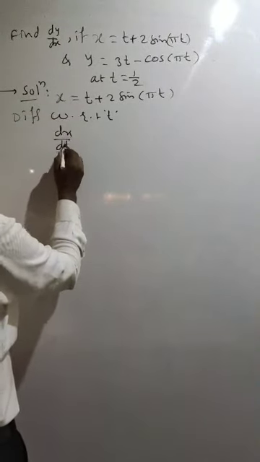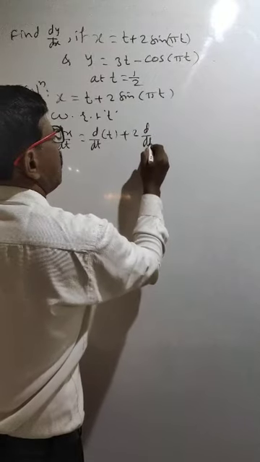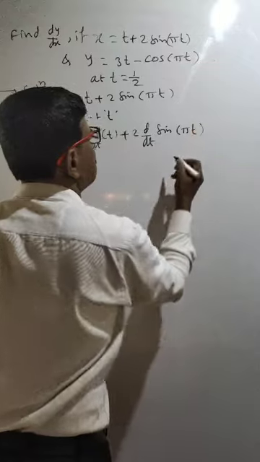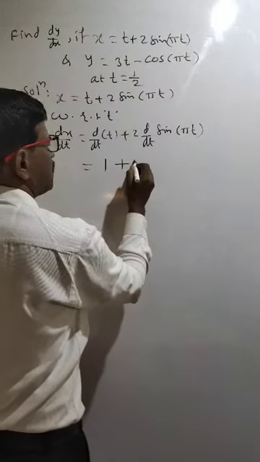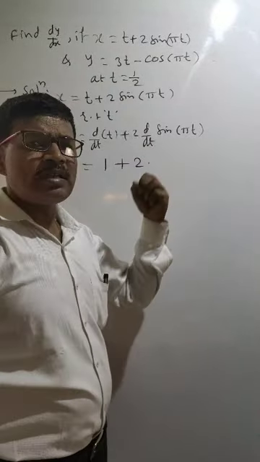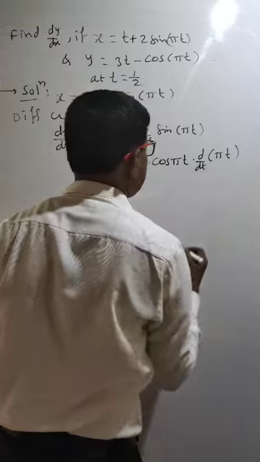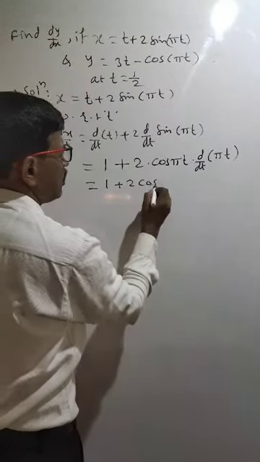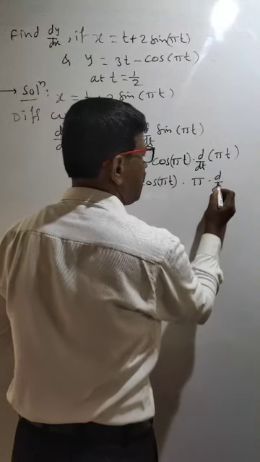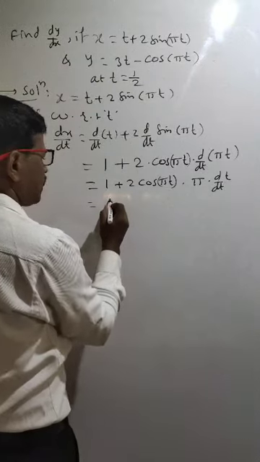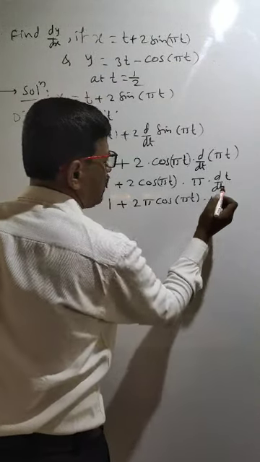Therefore dx by dt equal to d by dt of t plus 2 into d by dt of sin pi t equal to d by dt of t, 1, plus 2 into d by dt of sin pi t, cos pi t into d by dt of pi t equal to 1 plus 2 into cos of pi t into d by dt of pi t, pi constant coefficient into d by dt of t, equal to 1 plus 2 pi cos of pi t into 1, d by dt of t, 1.